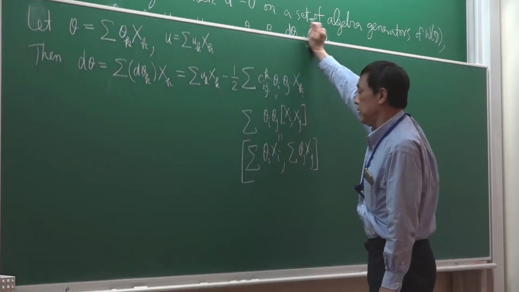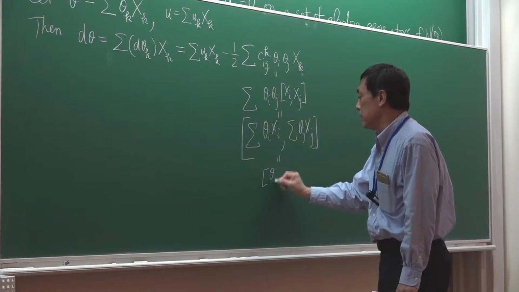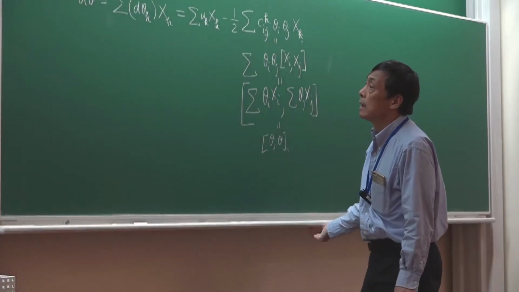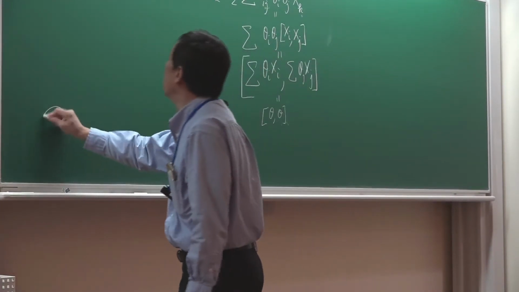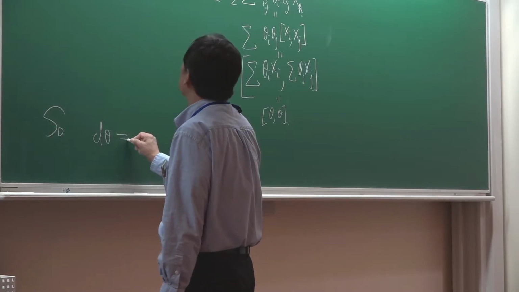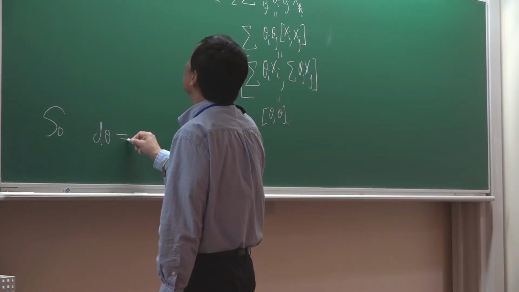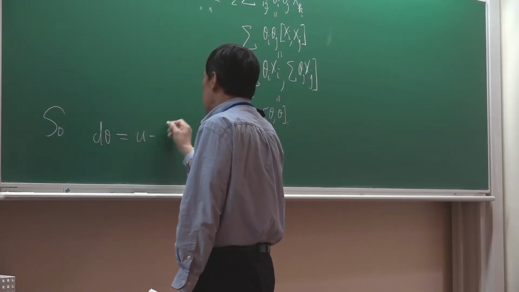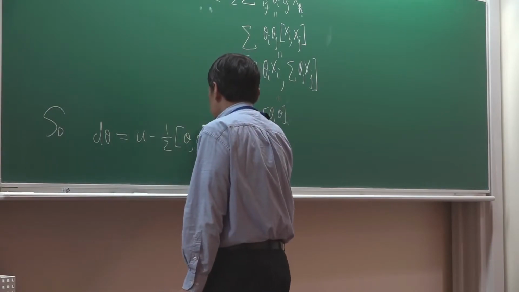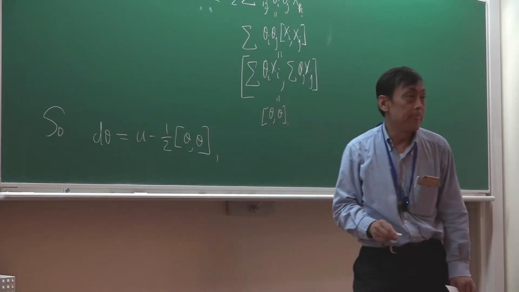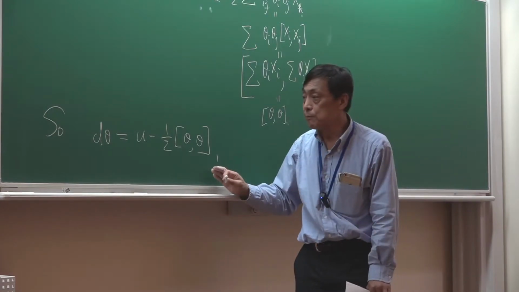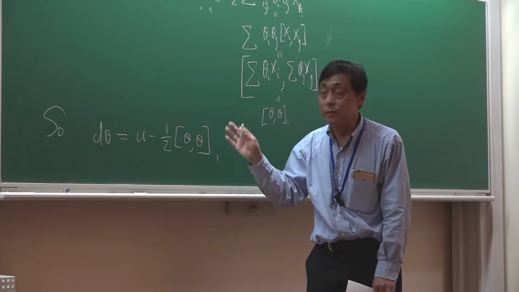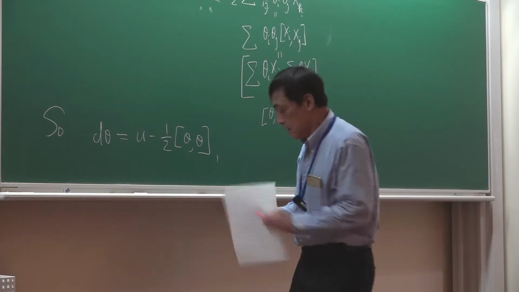And so, you see, this is theta theta. And so d theta is actually just u minus 1/2 bracket theta theta. Okay? This is just like the second structural equation for d of a connection. Okay?